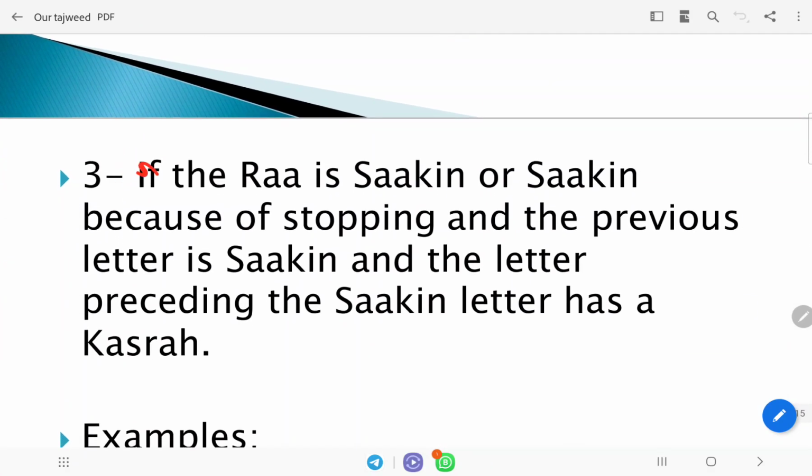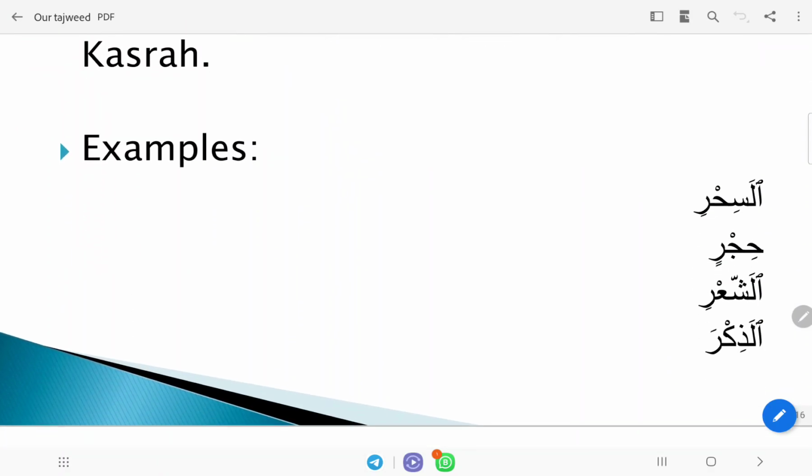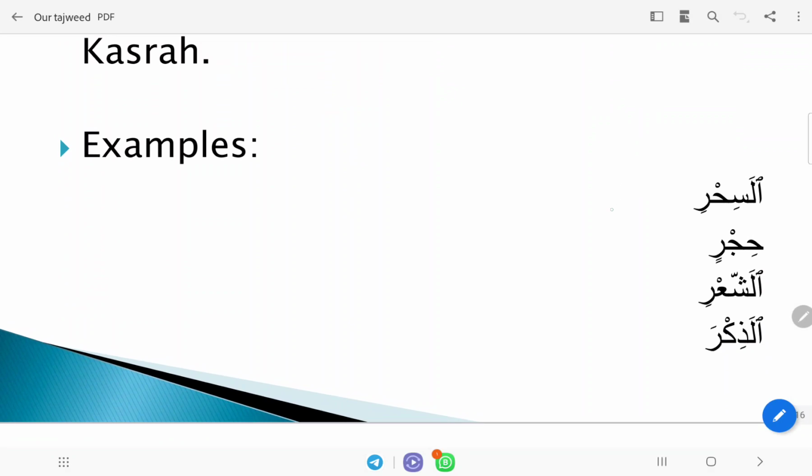The third case, if the ra is sakin, or sakin because of stopping, and the previous letter is sakin also, and the letter before the sakin has kasra. Let's take some examples to understand it. السحر, here the ra is not sakin, but we will give it سكون when we stop at it.